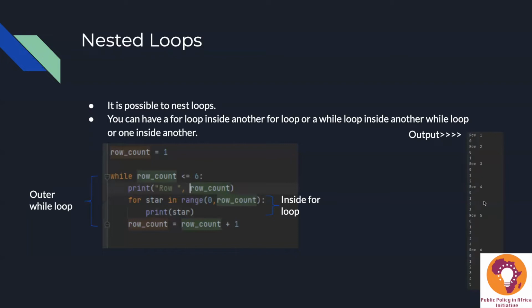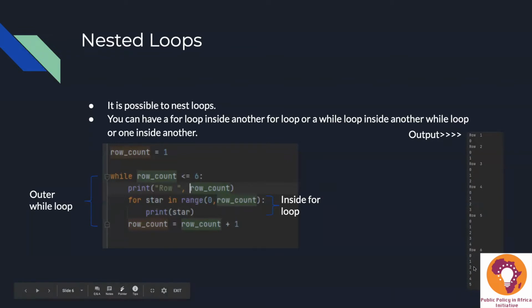We print each of those over here, and then we increment again, and this just keeps going on until eventually we get to a point where now row count is equal to 6. So row count is 6. So 6 is less than or equal to 6. So that evaluates to true. We print row 6, come in here for star in range 0, 6. That returns a range of numbers 0 through 6.